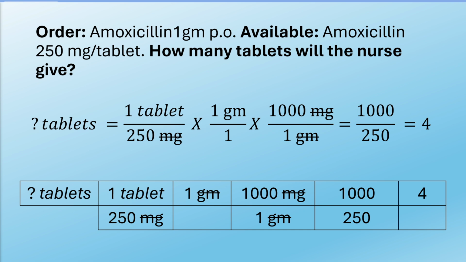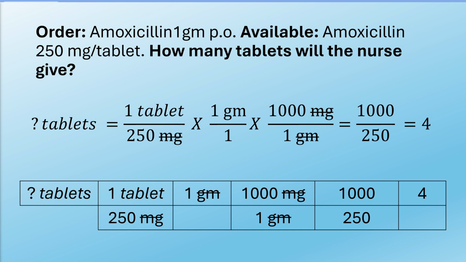So at this point, we have to add another column to bring in our equivalency. So we're going to determine how we set up that relationship. We know 1 gram from our equivalency chart is equal to 1,000 milligrams. We want to set it up so the like labels are on opposite sides of the separating line, so we can cancel them out.